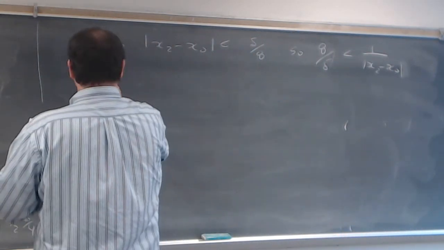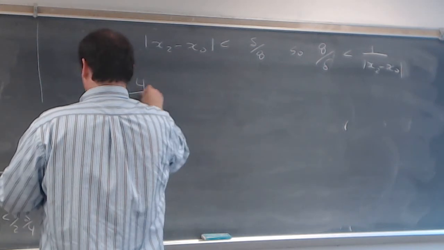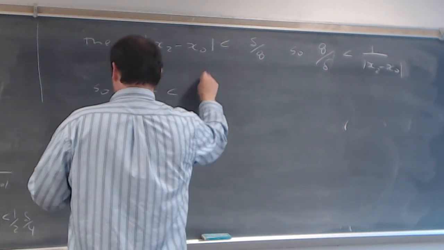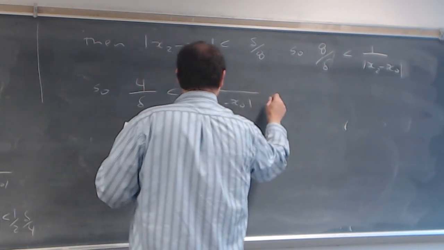So what that gives us is that 4 over delta is going to be less than 1 over 2 times the absolute value of x of 2 minus x of 0.